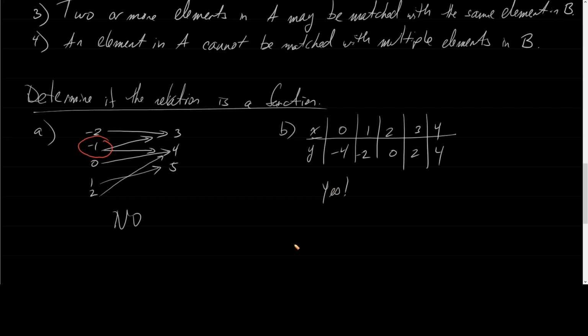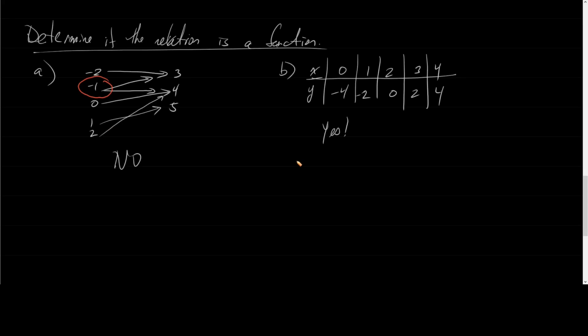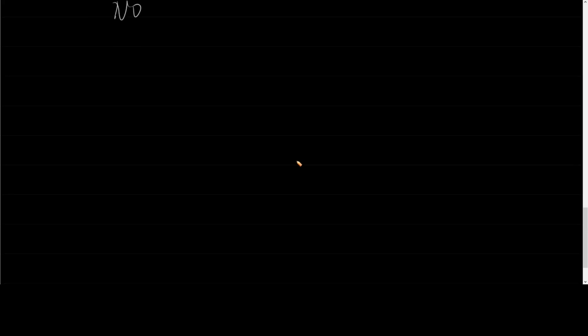And the reason this is a function is because none of the x values were repeated. In general, we assume the x are in the domain and the y are in the codomain, or the range. So that's essentially visually how to do it. You check for x values to not be repeated, all right?